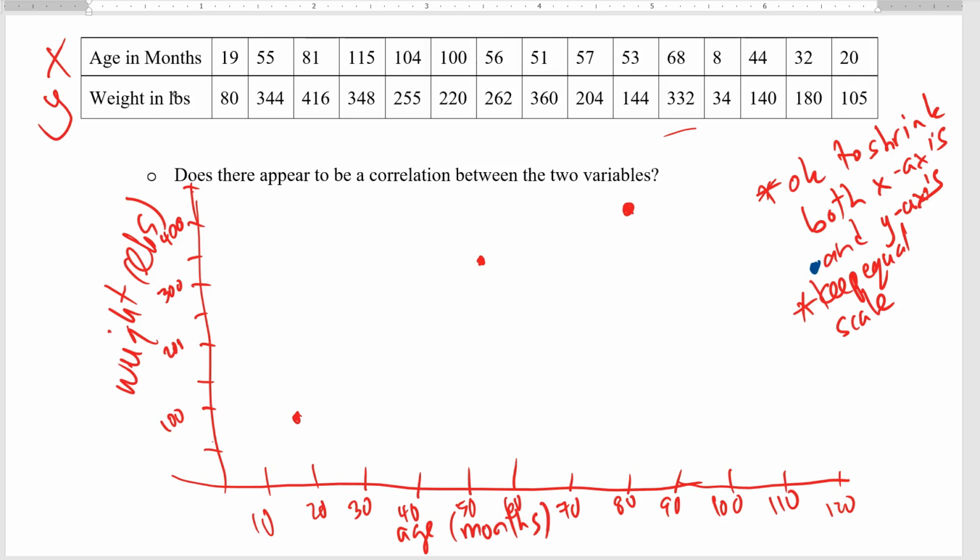Where are we at? 104, 255. 104, 250-ish. A little less would be 220. 56, 262. Should be above the 250.